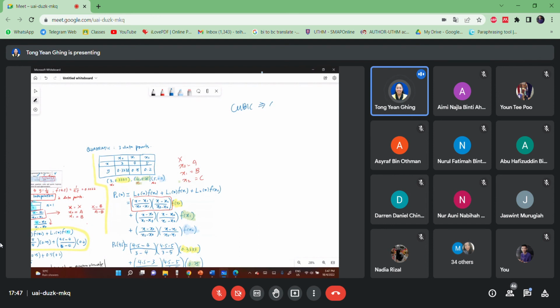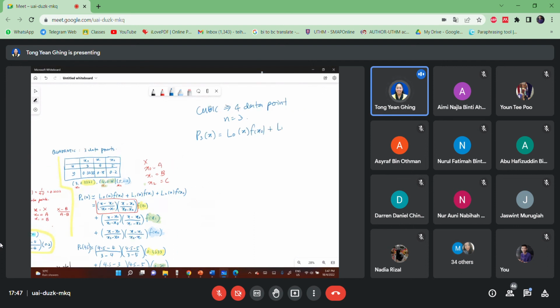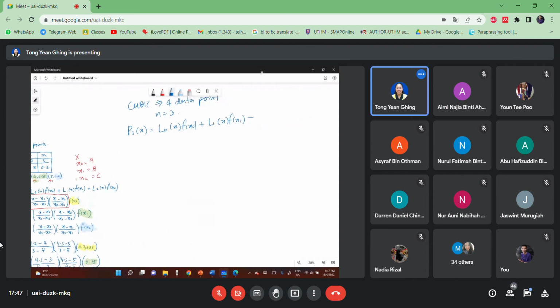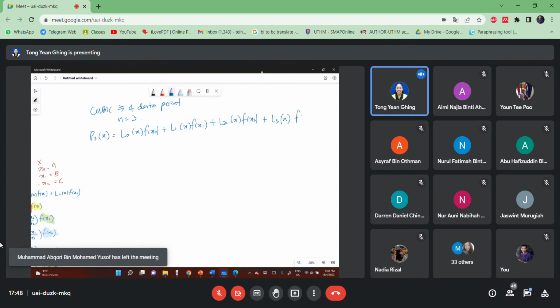Cubic means 4 data points. N is 3. So P3(x) equals L0(x) f(x0) plus L1(x) f(x1) plus L2(x) f(x2) plus L3(x) f(x3).